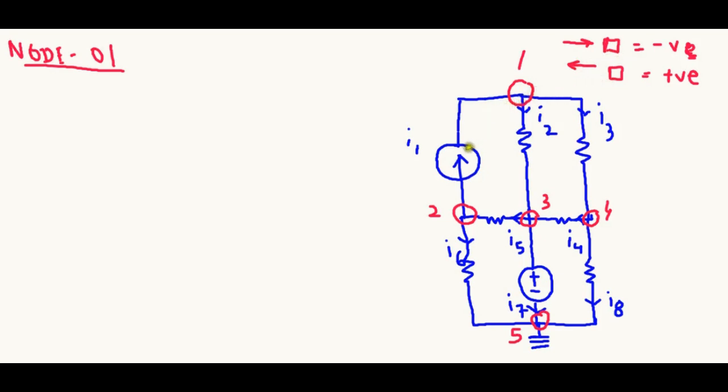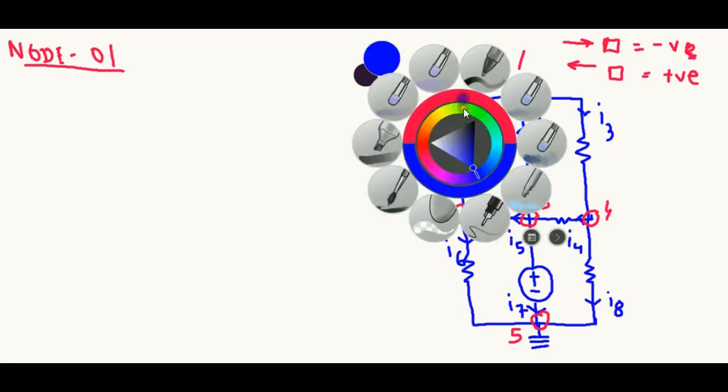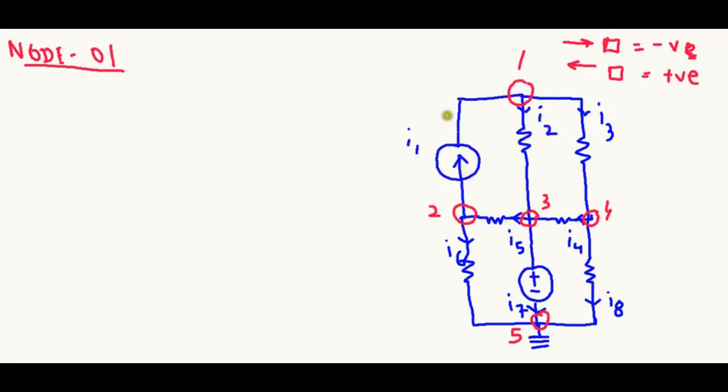For node 1, I1 is the current entering the node. So the equation is going to be minus I1, because I have assumed that a current that is entering a node is going to be negative. And then we have a current that is leaving the node, that is I2.